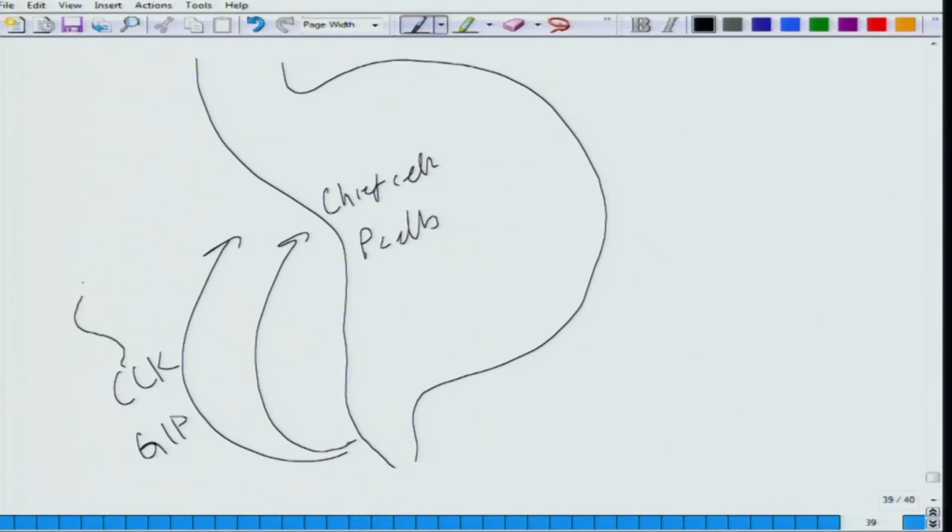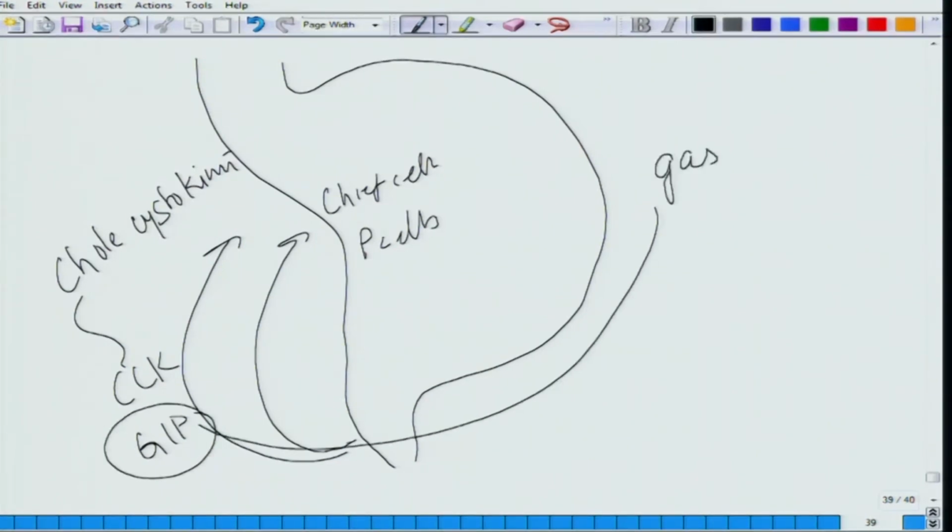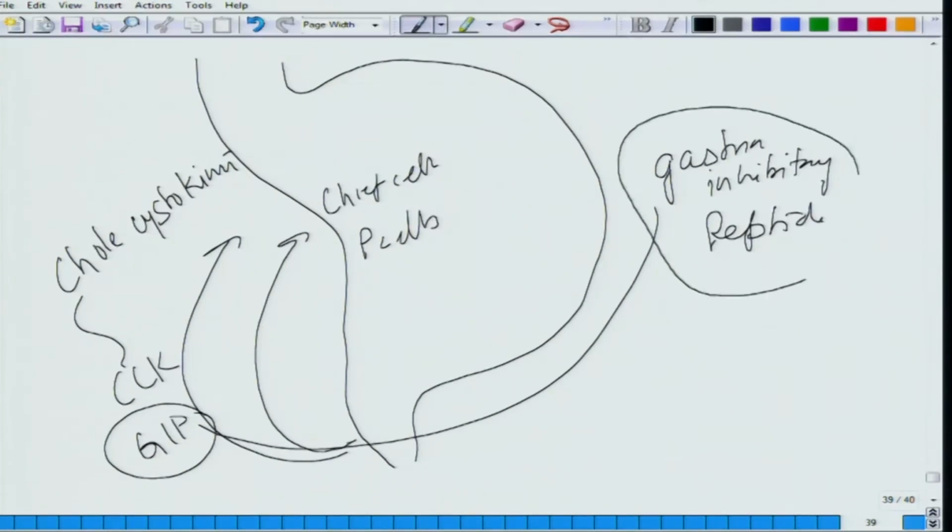CCK is cholecystokinin, and GIP is gastric inhibitory peptide. The name itself is self-explanatory. They stop these Schiff cells, P cells, and everything to stop secretion.